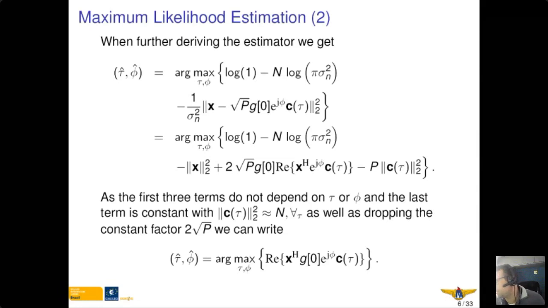And this is the real part of x Hermitian g of 0 e to the power of j phi times c of tau. So we have a dependency here on phi and tau, and we see again, this is some sort of cross correlation and then the real part of it. And we have to find the values for tau and phi that maximize this cost function.